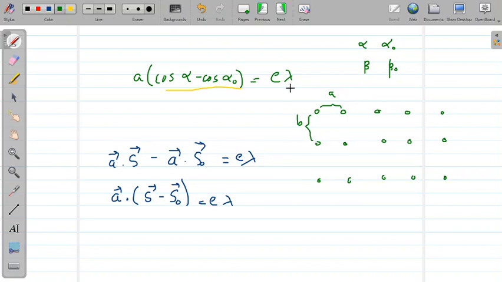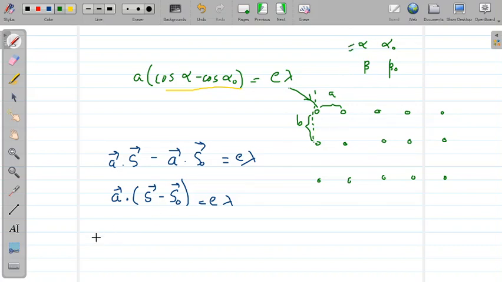So if a beam is falling onto this atom, the angle made by the incident beam with respect to this dimension is called alpha 0, and the angle made by the diffracted beam with respect to the plane of atoms is the alpha angle. Similarly, the angle made by this beam with respect to this plane is called beta 0, and the angle made by the diffracted beam with respect to this dimension is called beta. So the beta 0 terms have the same meaning as the terms alpha and alpha 0.